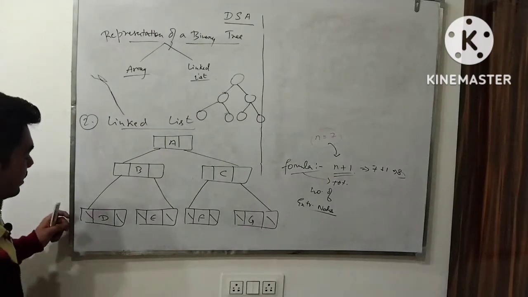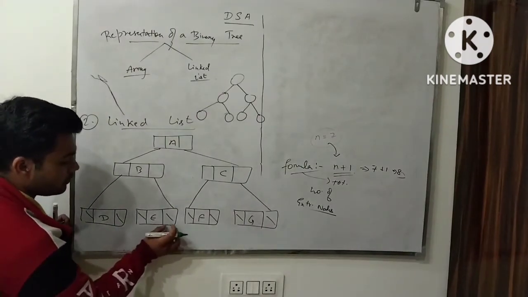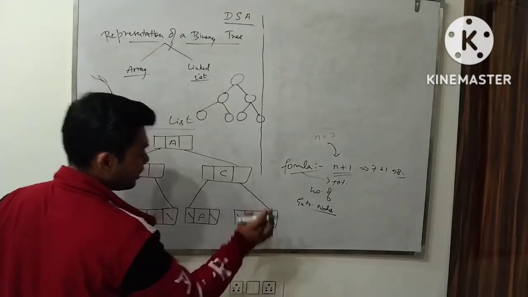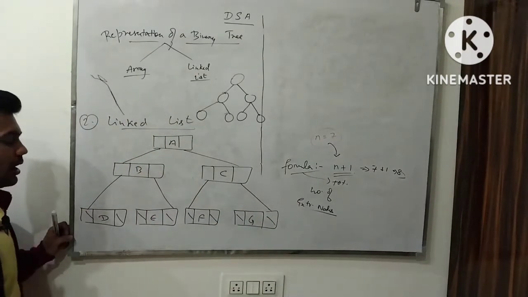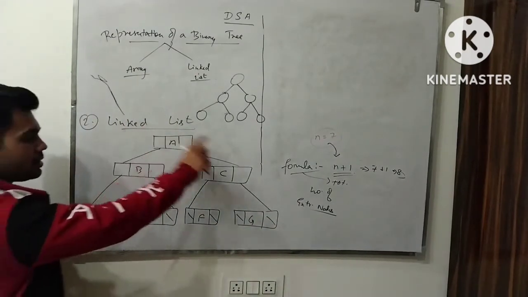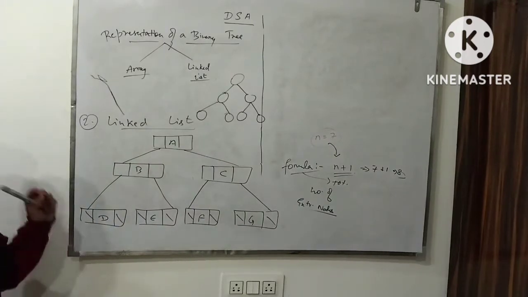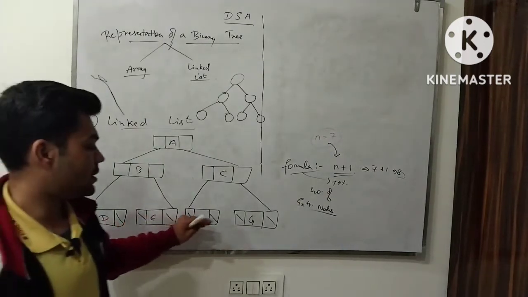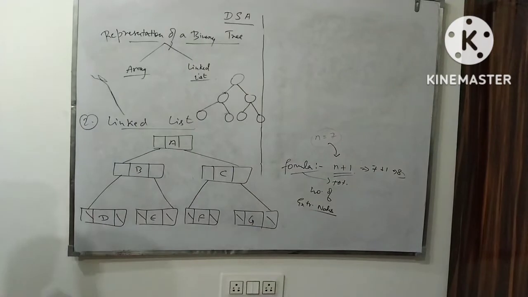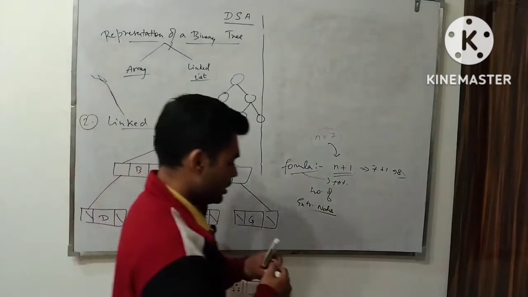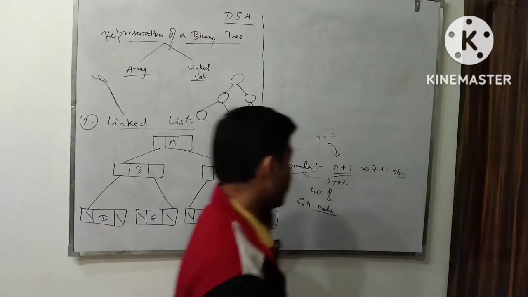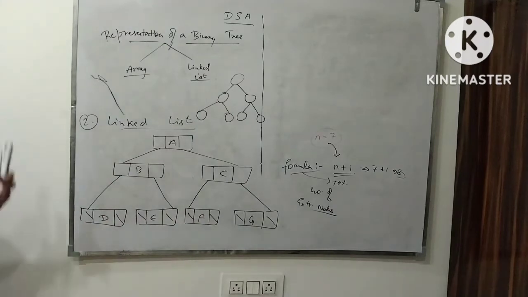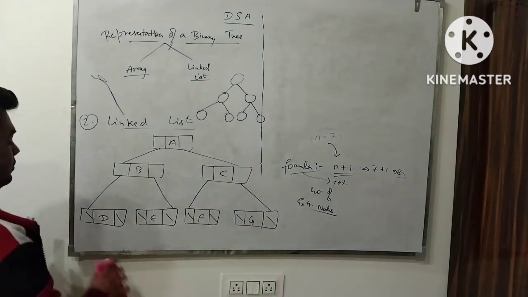Let's verify here: 1, 2, 3, 4, 5, 6, 7, 8. Yes, I am getting the correct answer, that in this representation there are a total of 8 external nodes. So this is the representation of the binary tree in linked list form.